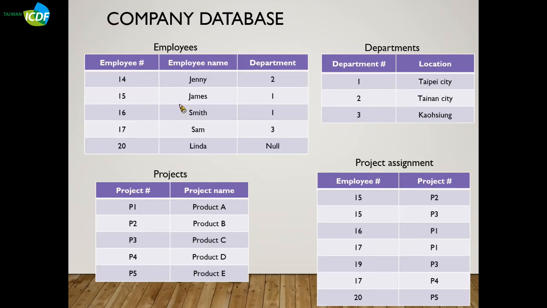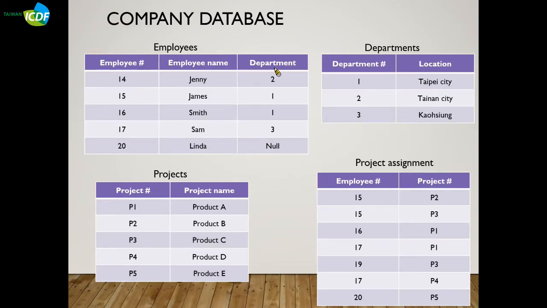So if we have a better choice, we won't choose employee name as primary key. And for the department, it is clear to see there are duplicates. So it's not suitable for being a primary key.